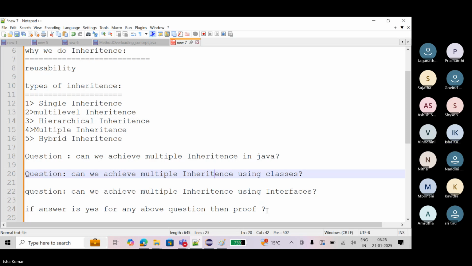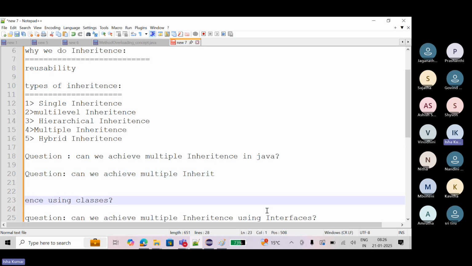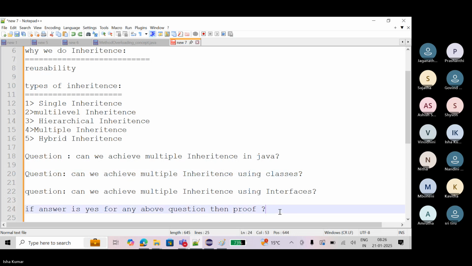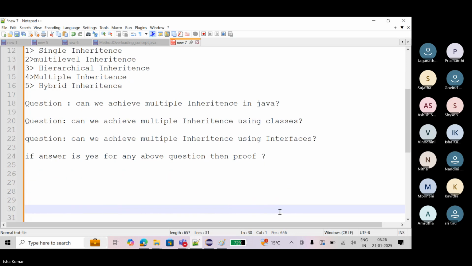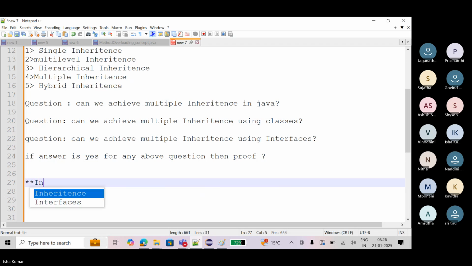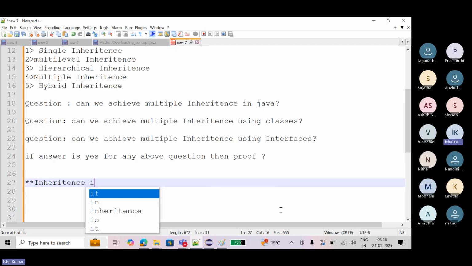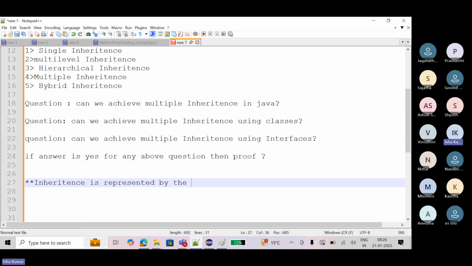And next point: inheritance is represented by the keyword extends.